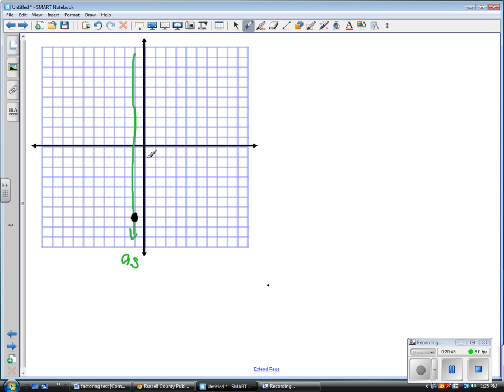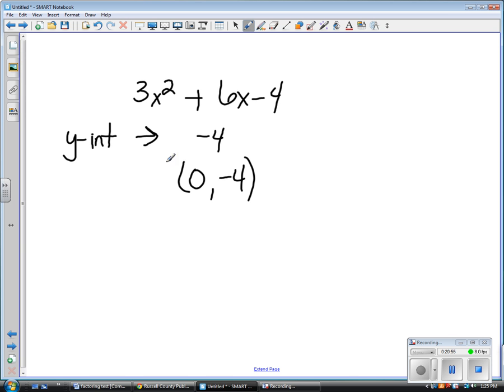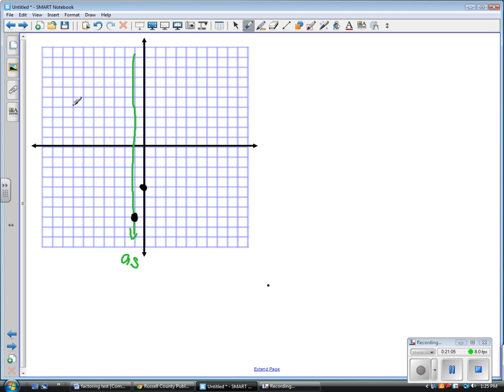So 0, -4 is a point, right? My y-intercept. If I plugged a 0 in here and a 0 here, that cancels out, that cancels off, and I'm left with -4. That's where your y-intercept came in. Okay? So once I put it on my graph, there's 0, -4, correct?